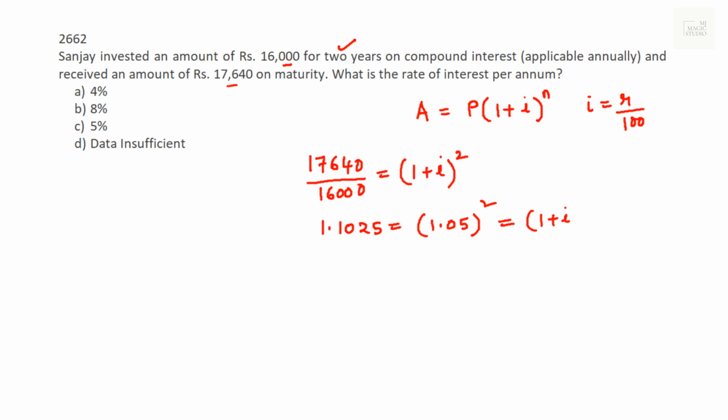That is (1 plus I) whole square. That means I equals R by 100 equals 0.05. Rate percent per annum is 0.05 into 100, that is 5%, and it features in option C.